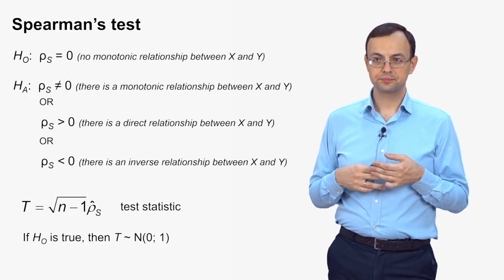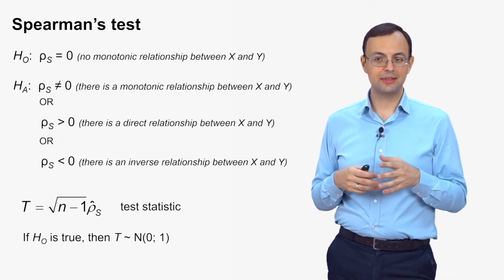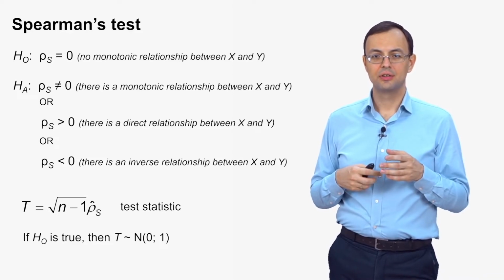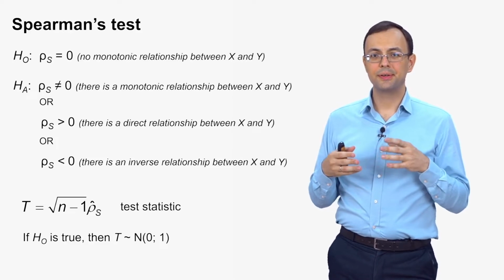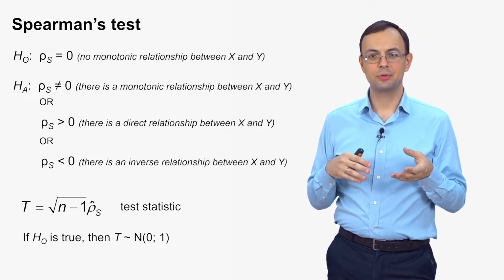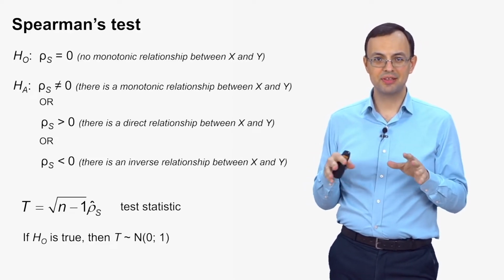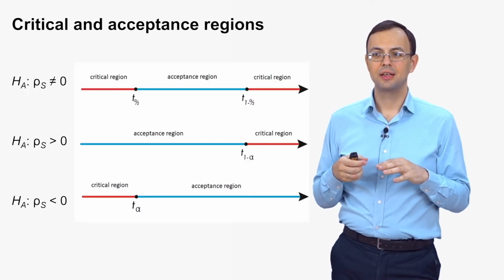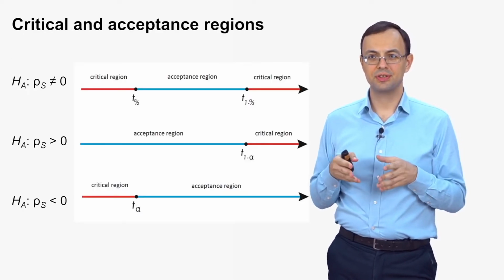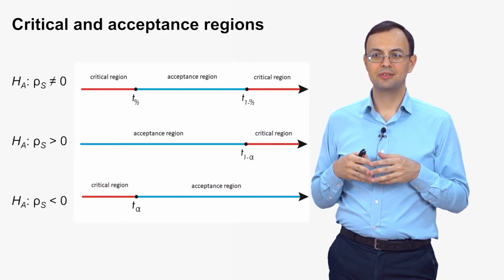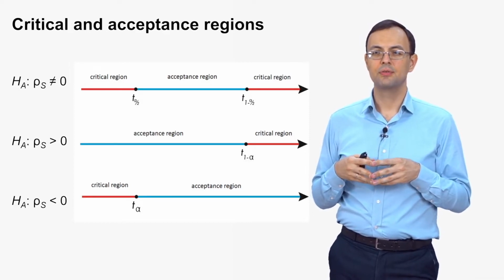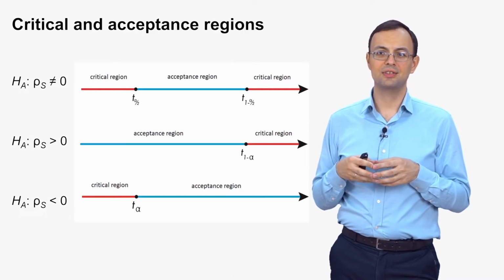That means that the situation for critical regions and for the p-values is absolutely the same as in plenty of our previous tests. So the critical region depends on the alternative hypothesis. For the not equal sign, it is two-tailed.